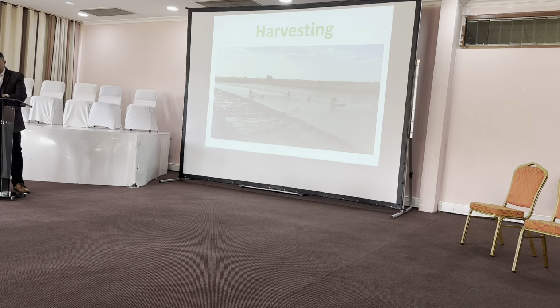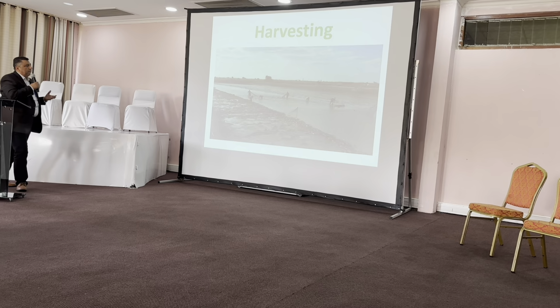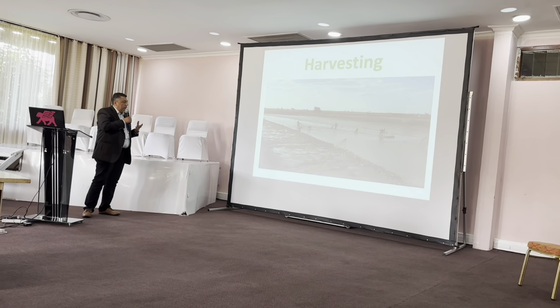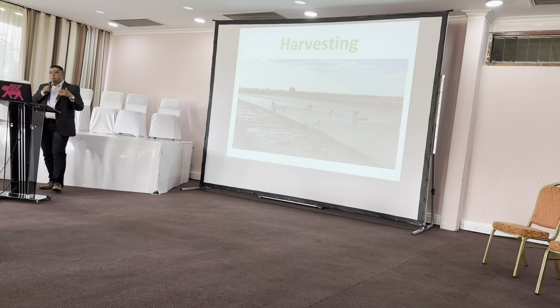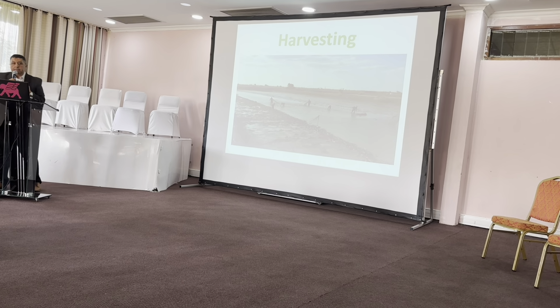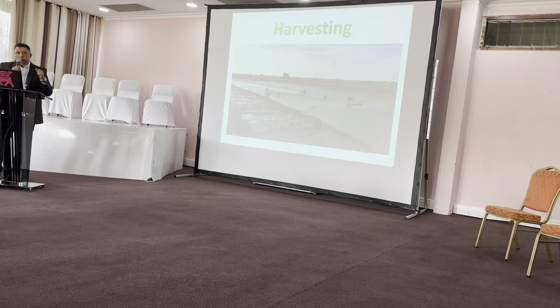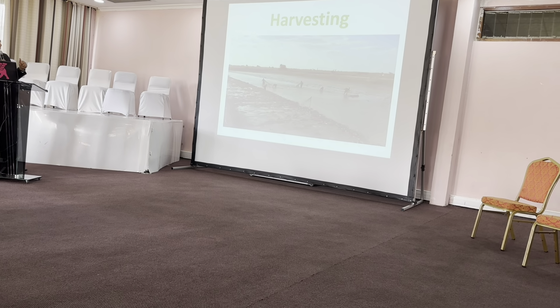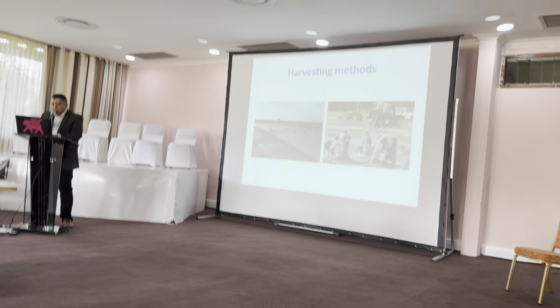If we move to harvesting, we are still in Egypt harvesting in the normal or old way, where we drain the water and collect the fish. This represents a stressful condition for the fish because the fish become overcrowded in very little water for a long time.